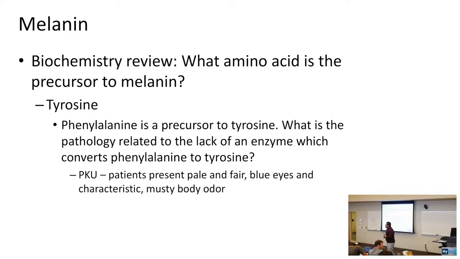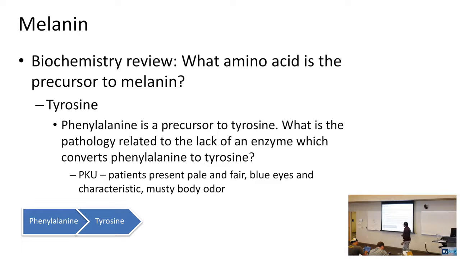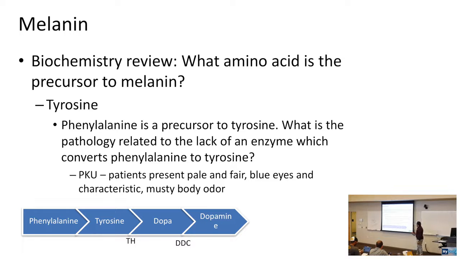Remember, PKU is going to be a patient on your USMLE that is going to be pale and fair, and that is due to the fact that you don't have tyrosine, which is a precursor to melanin, due to a deficiency in phenylalanine hydroxylase. So let's go through it. Phenylalanine becomes tyrosine, tyrosine becomes dopa, dopa becomes dopamine, and dopamine becomes norepinephrine, which eventually becomes epinephrine.